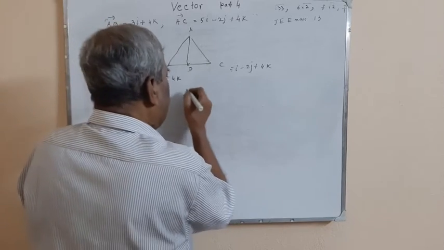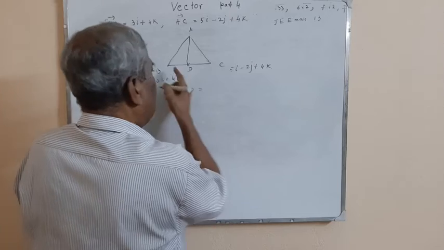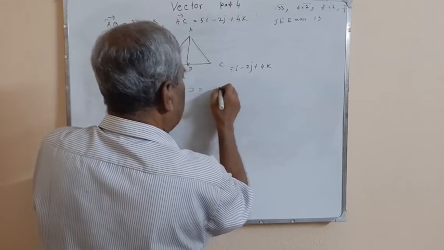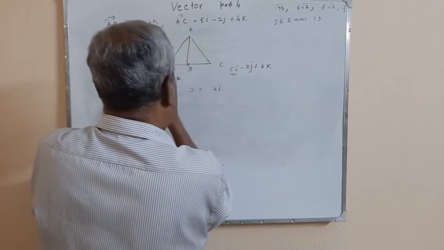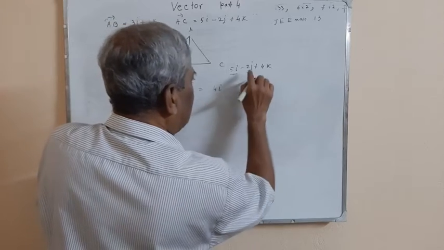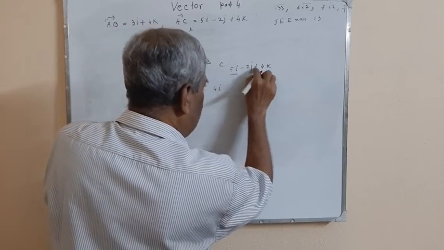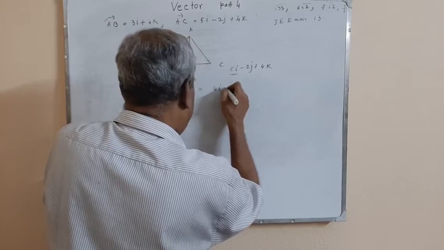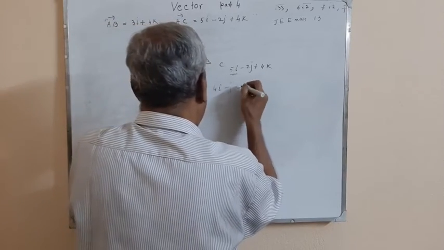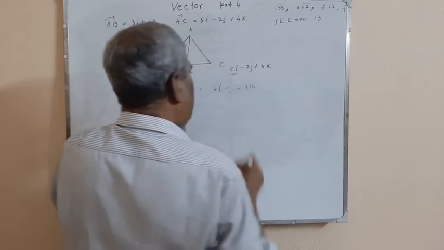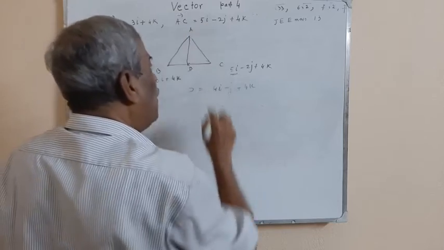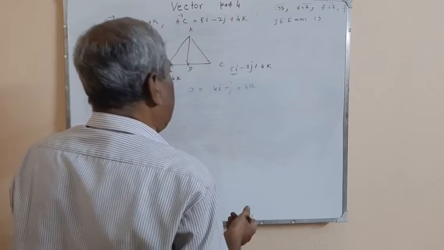Now D, which is the midpoint of B and C, is equal to 4i. This is 5i, this is 3i, 8i by 2. J is 0 here, minus 2j by 2, that is minus j. Then 4k plus 4k by 2, that is again 4k. So the position vector of D is this, and A is the origin we have taken.